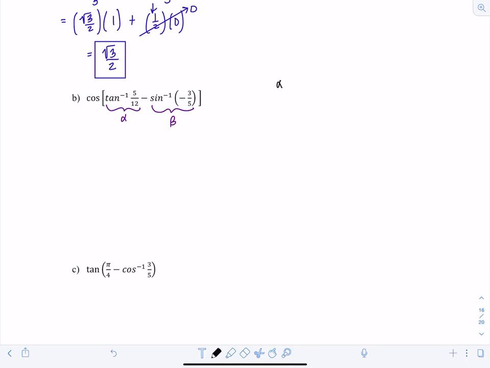So if alpha equals tan inverse of 5 over 12, then that means tangent of alpha is equal to 5 over 12. And remember, tan inverse is defined in quadrants 1 and 4. So since this is positive, I'm in quadrant 1. So I'm going to draw a triangle in quadrant 1.